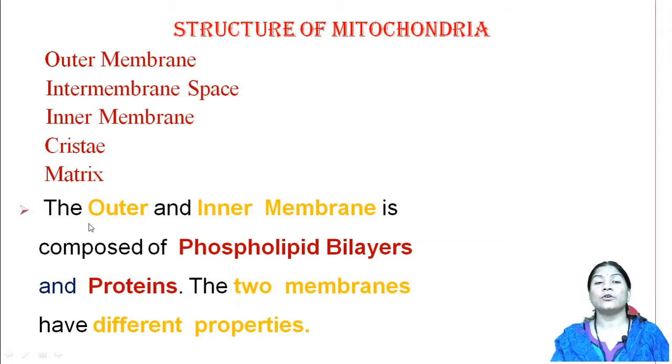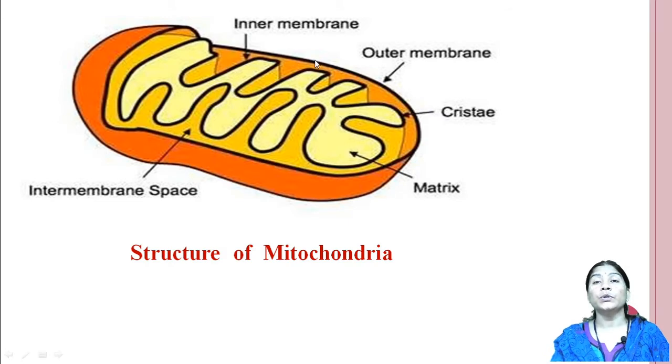The outer and the inner membrane are composed of phospholipid bilayers and different protein compounds. The two membranes have different properties. This is a diagram showing the structure of mitochondria.